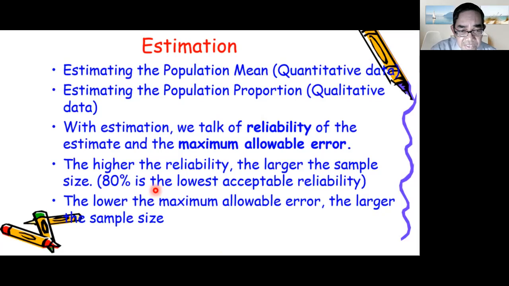In this particular instance, if you want to lower your sample size somehow, make your reliability estimate as low as 80%. And then another one, the lower the maximum allowable error, the larger the sample size.